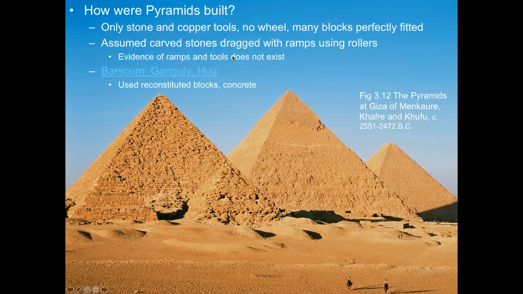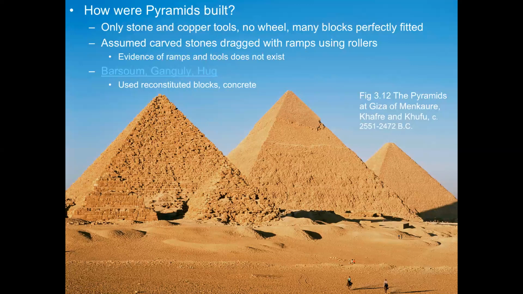So another idea is that it would be really difficult to bring the stones up whole. So in an article written in a geophysical journal, a geology journal, by Barsoum, Ganguly, and Hug, instead of using stones that were carved out of a quarry, they used reconstituted blocks, and that was basically concrete.